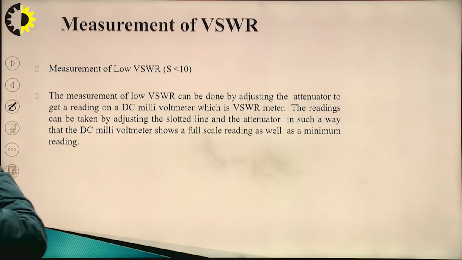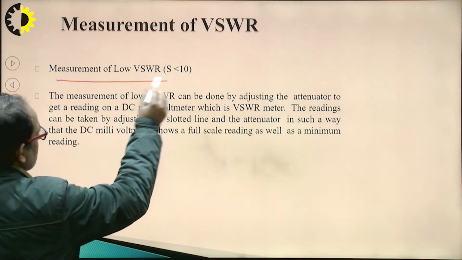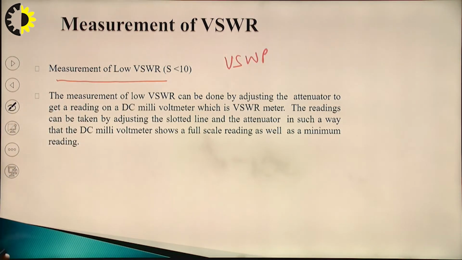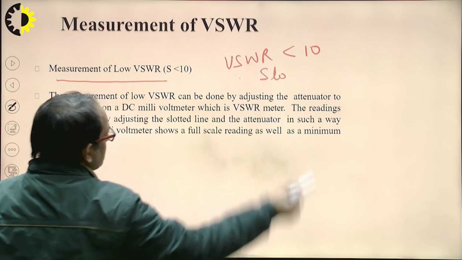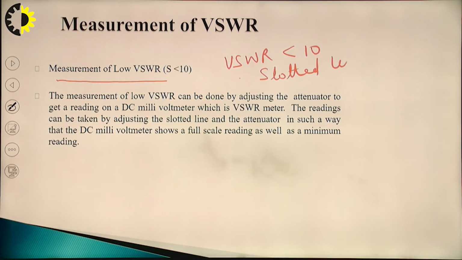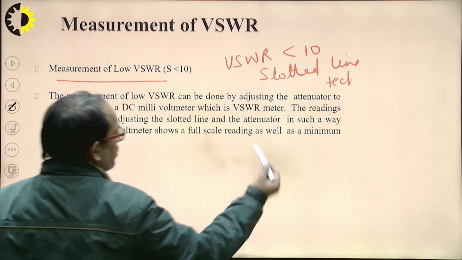Now see, the first method is measurement of low VSWR, when the S is less than 10. I have already told you.